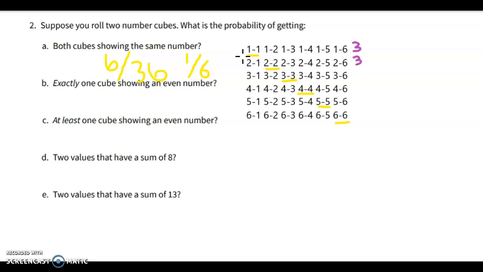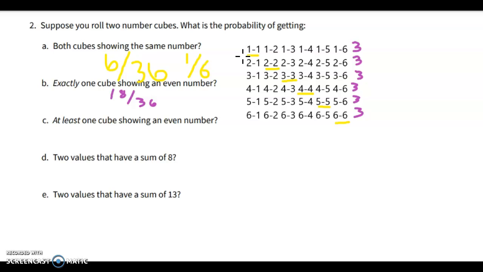And if we keep going and we keep looking, well, this pattern is going to remain. There's going to be 3 times in each section, right? So we have 3, 6, 9, 12, 15, 18. 18 out of 36 chance of getting exactly 1 cube showing an even number. Once again, this is not simplified.